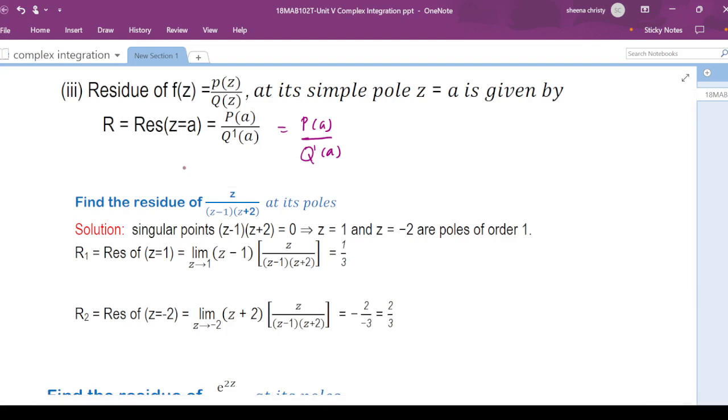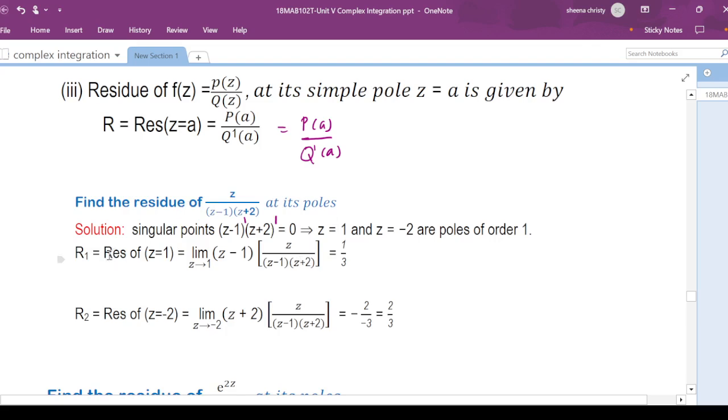Since the power of z - 1 is 1 and the power of z + 2 is 1, z = 1 is a pole of order 1 and z = -2 is also a pole of order 1, that is, they are called simple poles. So you have to find the residue at its poles.